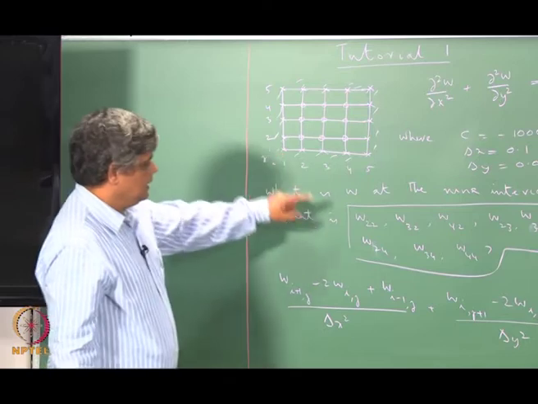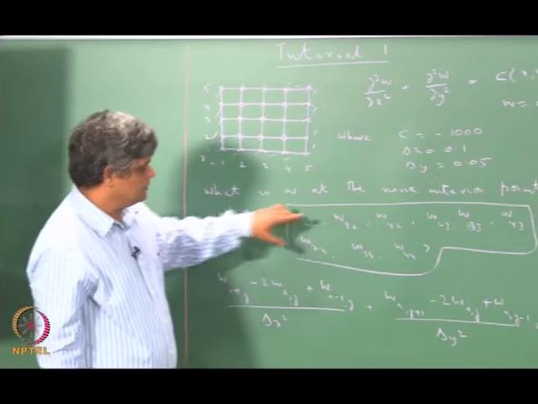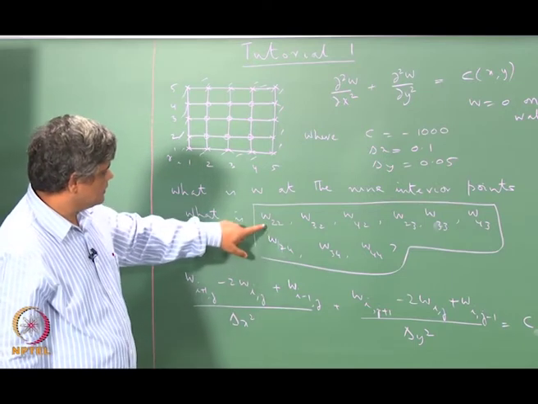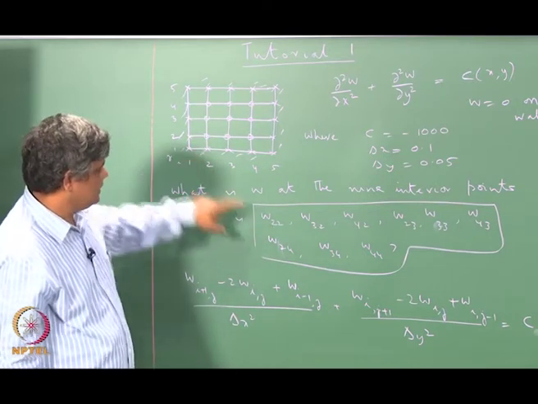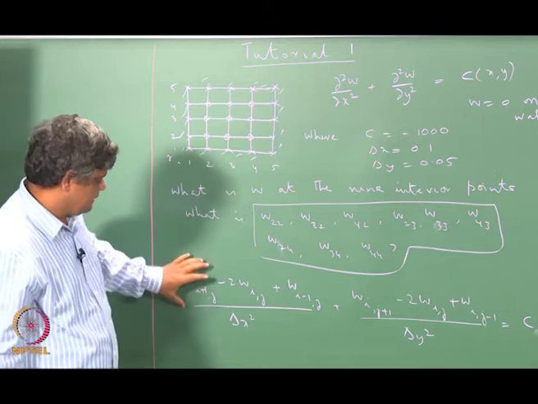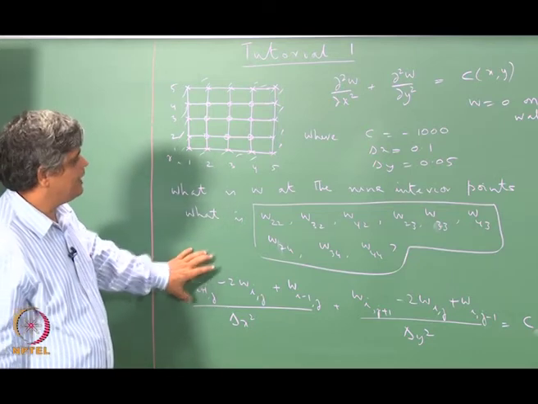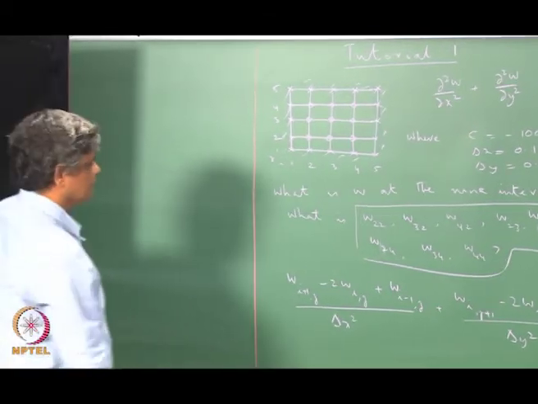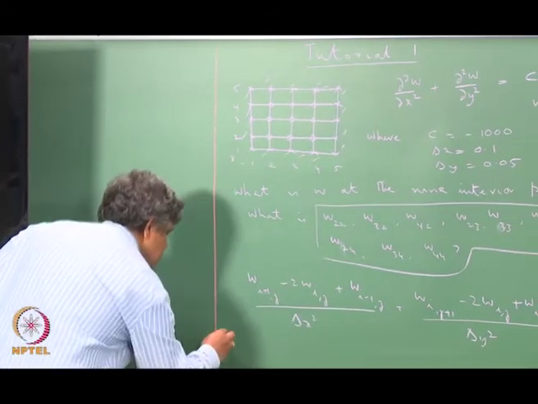So now we start developing equations for each of these points. Around each of these points, we apply this template and get the corresponding algebraic equation. So we start with point 22.